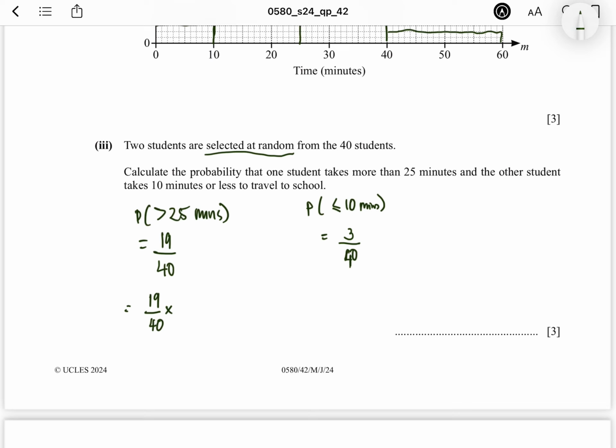So, 3 over 39, because satu student sudah you pick. Ataupun first probability would be 3 over 40 times 19 over 39.